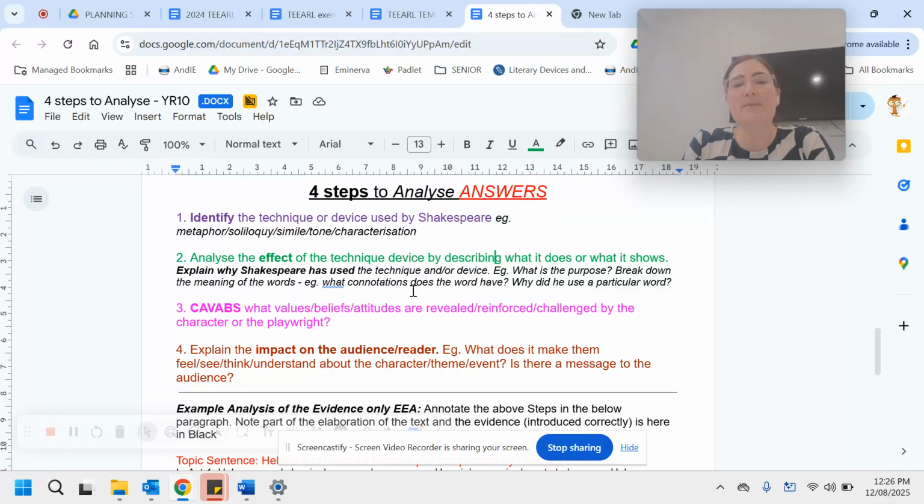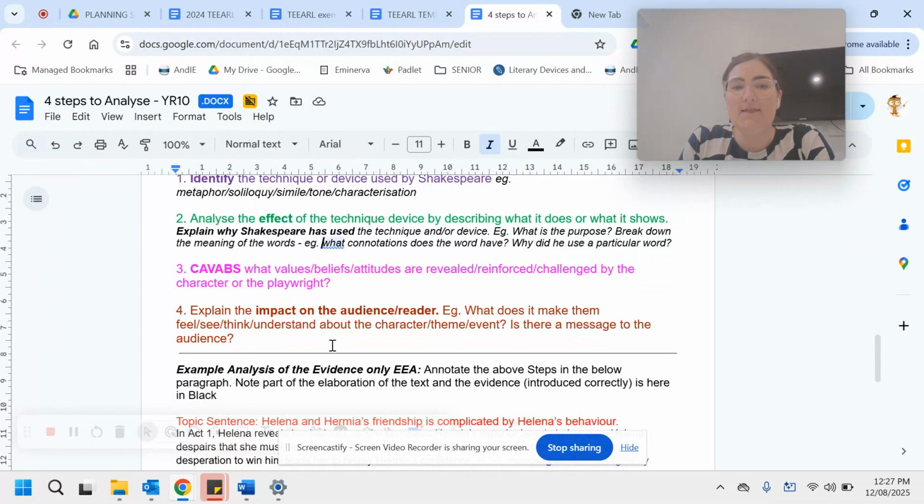So imagine like you are explaining it to your little brother or sister in grade 7 or 8. You actually have to tell me what connotations, so what are the other thoughts, feelings, ideas, or words that come up with the particular word used in a quote, or what is the actual use of that word or phrase. Then you need to talk about any links to values, attitudes, beliefs, or assumptions.